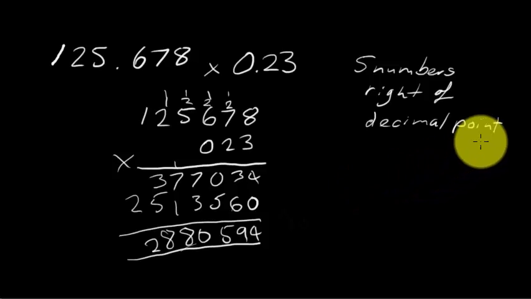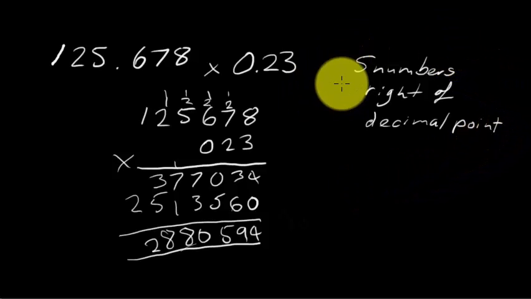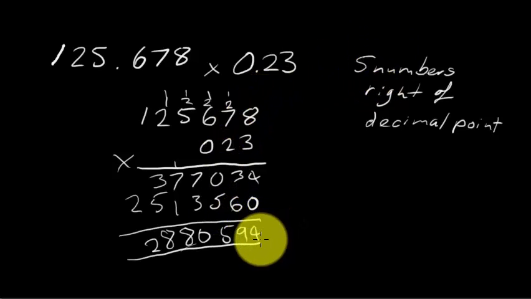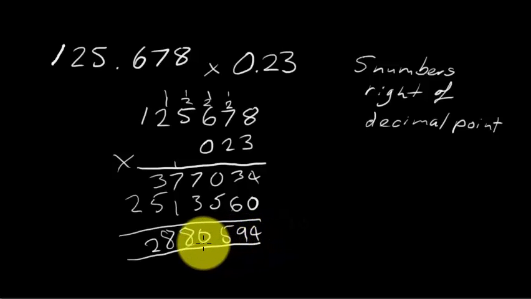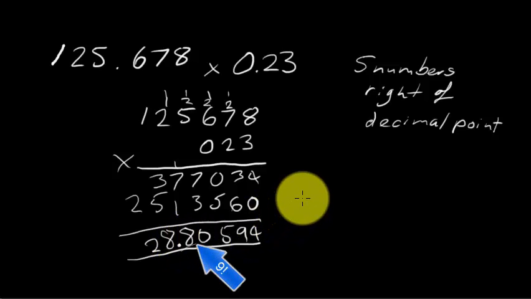Now we're going to go back to our 5 numbers that were right of the decimal point. So we're going to count from the right 1, 2, 3, 4, 5. And that's where our decimal point goes. So that's how we do multiplication of decimals.